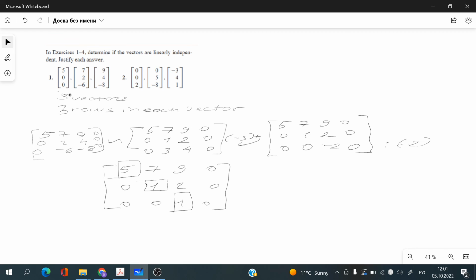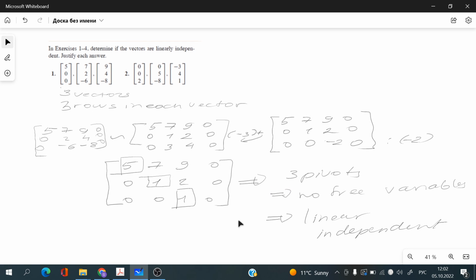But from here, as you have 3 pivots, it means that there are no free variables, right? Only basic variables. And therefore, we say that our system is linearly independent. Now let's consider the second example.